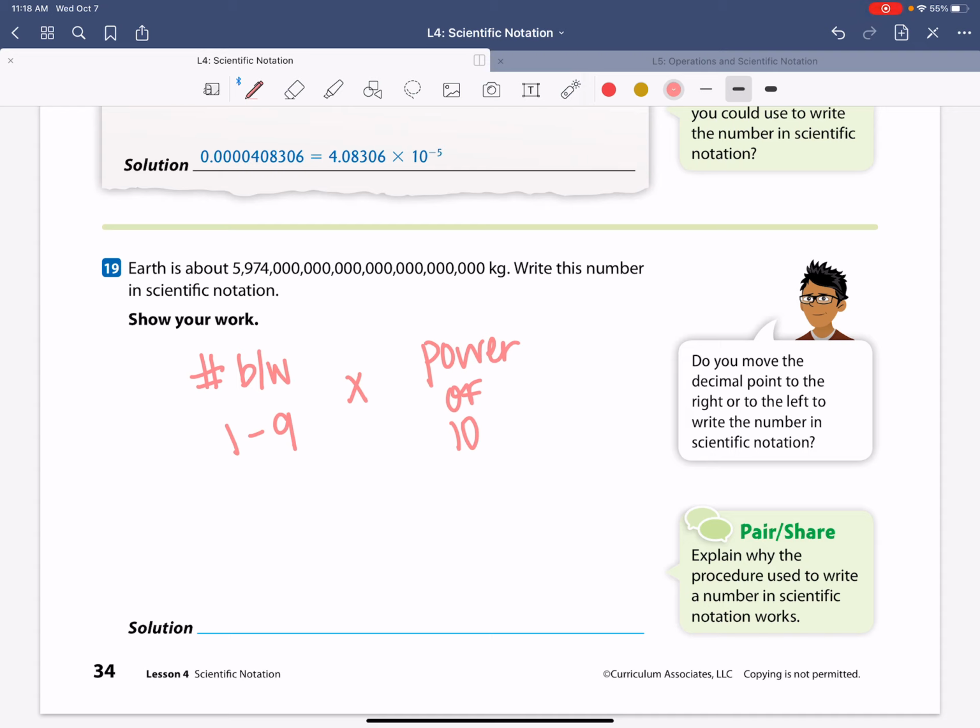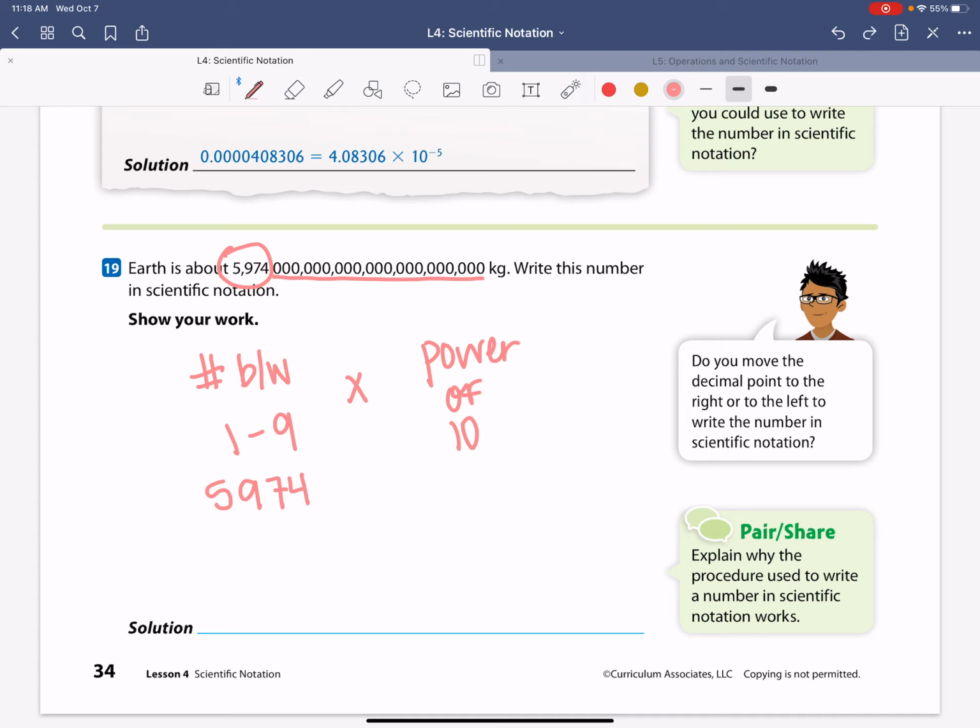So we look and we just kind of leave those extra zeros alone. And we say, well, what's the number between 1 and 9? We have to address all of our excess digits that aren't zeros consecutively. So we have 5, 9, 7, 4. If we put a 0 between the 7 and the 4, that's a number way bigger than 9, so that cannot be it.